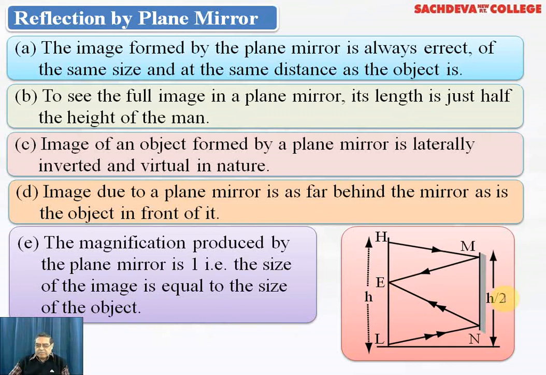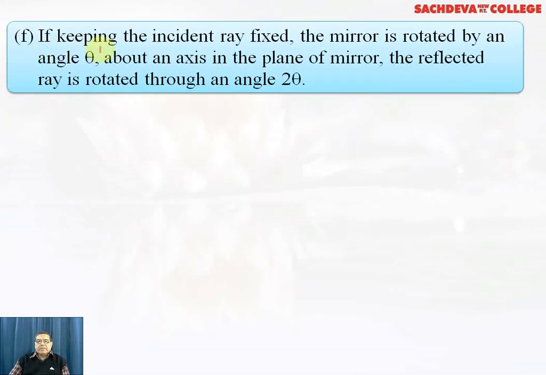If the incident ray is kept fixed and the mirror is rotated by an angle about an axis in the plane of the mirror, the reflected ray will rotate through double the angle, that is, 2 theta. So if the mirror is rotated by theta, the reflected ray is rotated through 2 theta.